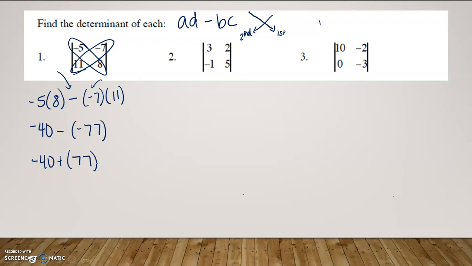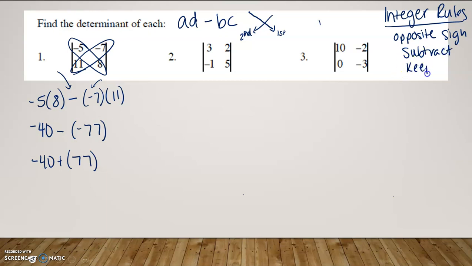So we're really taking -40 plus 77. Integer rules. Just a reminder, opposite signs, subtract, keep the sign of the larger number.